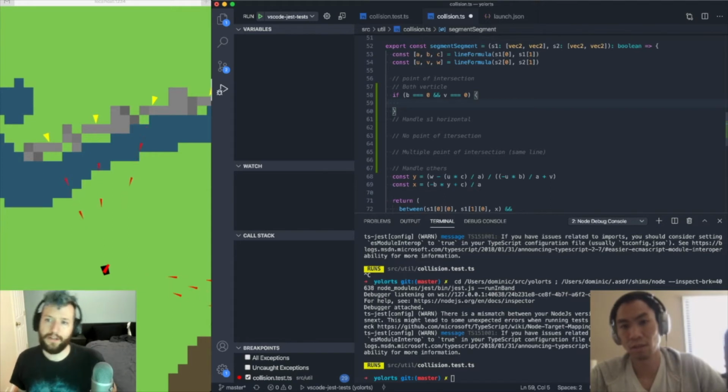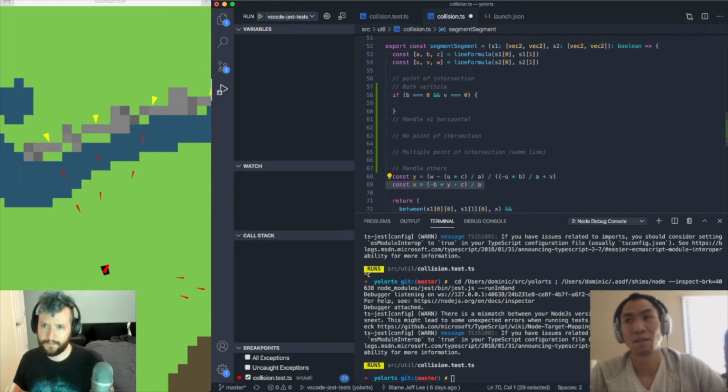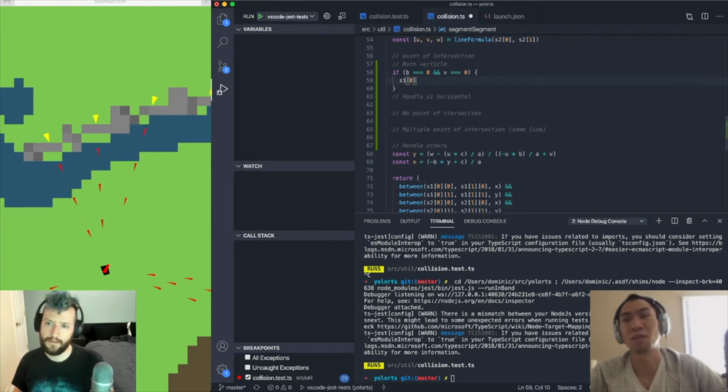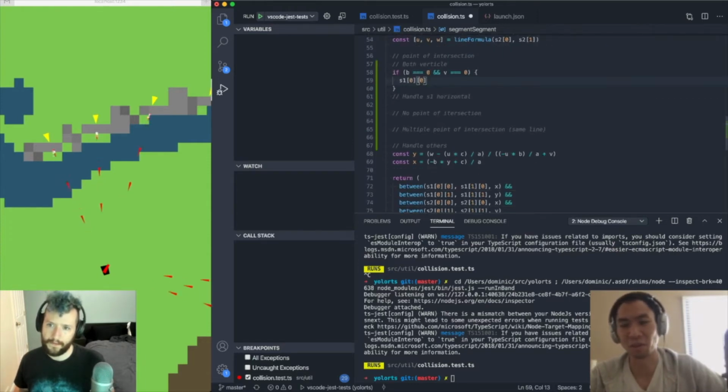Ah, okay, right. So we just say if the x coordinate of any of the 2 points of the first segment is equal to the x coordinate of any of the 2 points of the second segment, then they're overlapping.